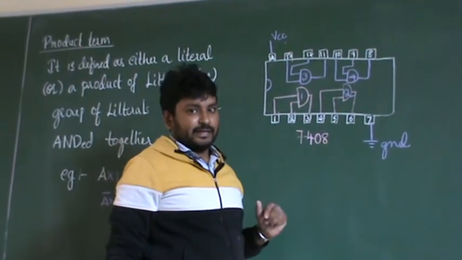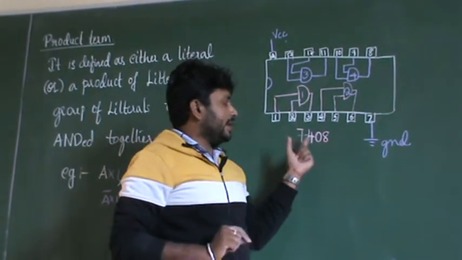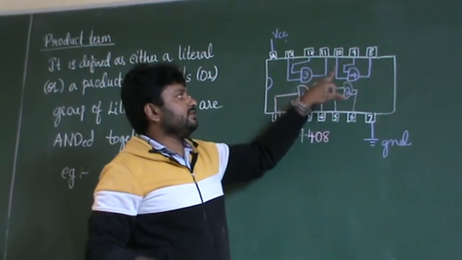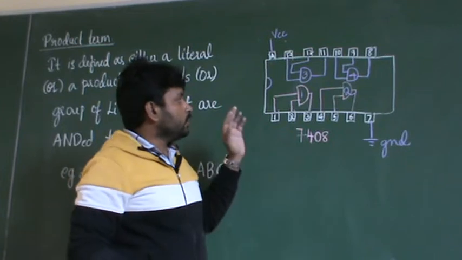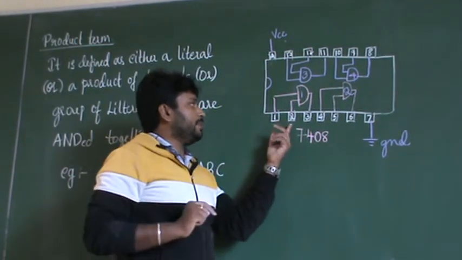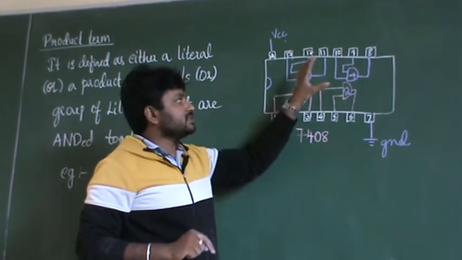So this 7408 has totally 4 AND gates. One more thing to remember is that you cannot interchange these. For example, you cannot make 2 and 3 inputs and 1 an output, because this is the internal structure.